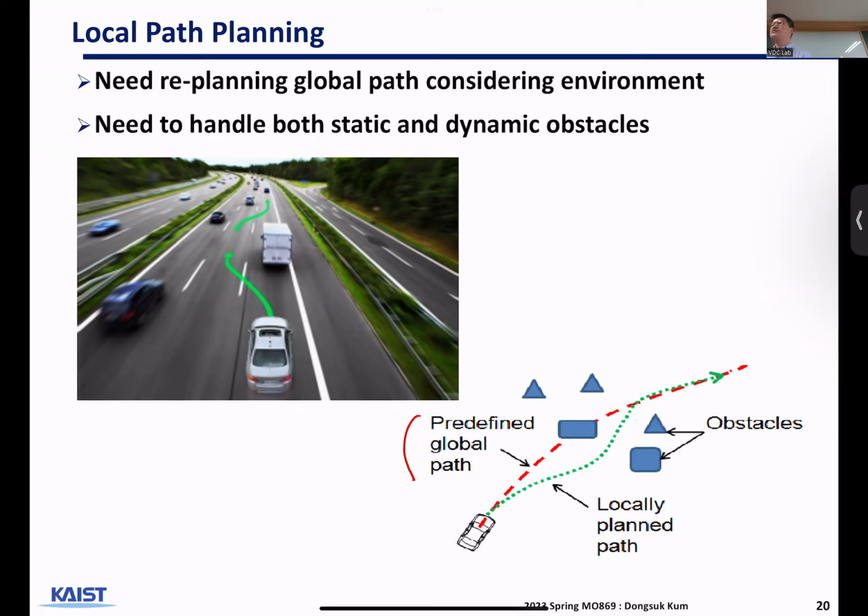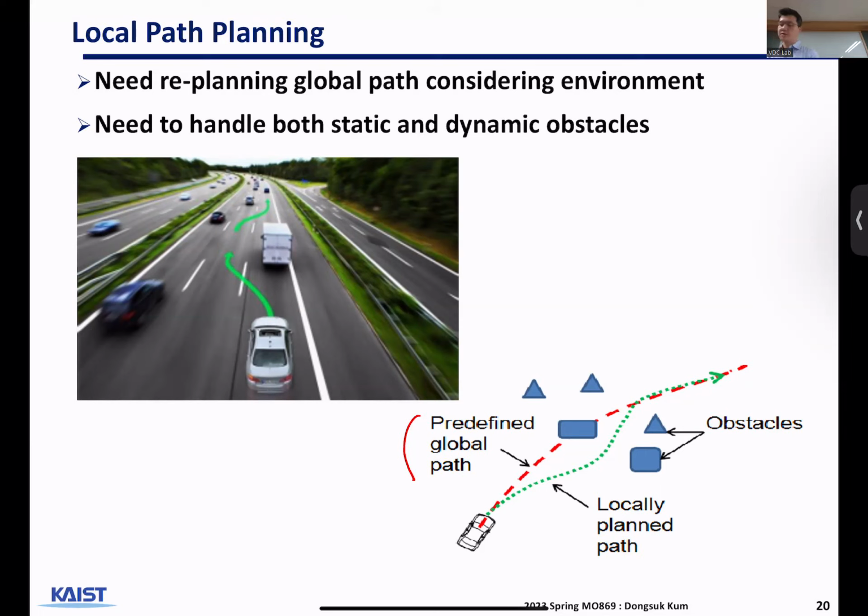And if there are no obstacles, let's say you're driving at night and there are no obstacles around, then you will simply follow that path, that trajectory. But in reality, there are always obstacles, so you need to replan your path or trajectory in given situations. And that situation can change at any time, right?